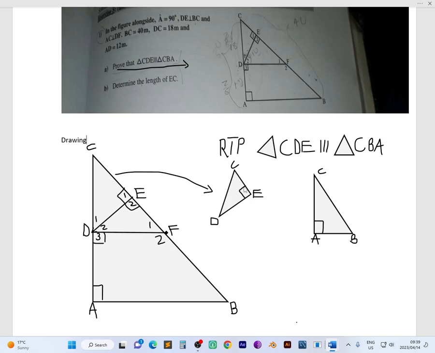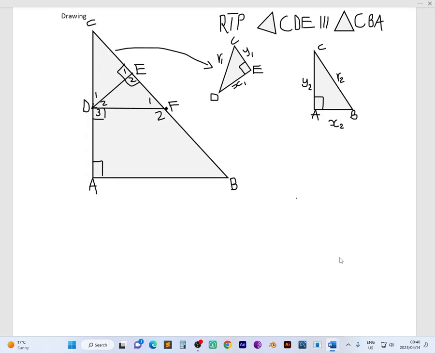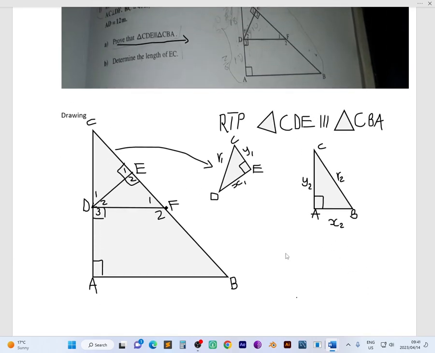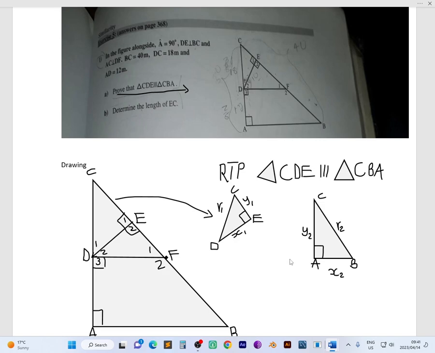Then we can see the similarities between those two triangles. We say this part is R1, the hypotenuse opposite the right angle, X1 the base, and Y1 the height. Then we have R2, Y2 and X2. So they are similar, irrespective of how they look or how they face.